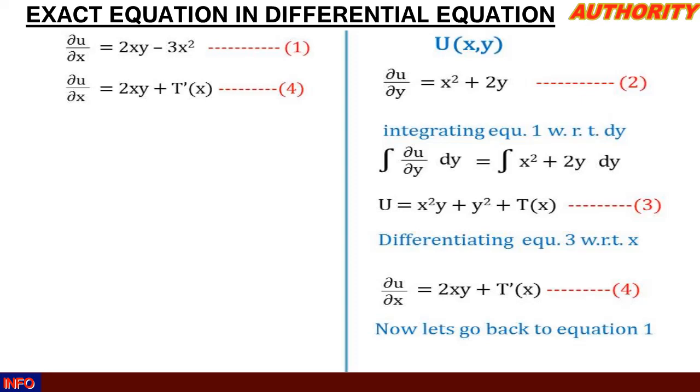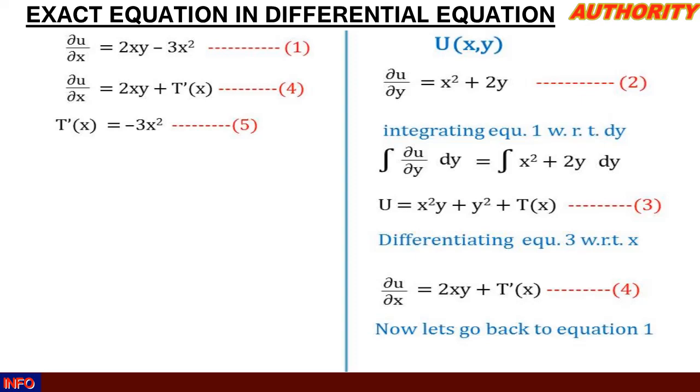Merely looking at these equations, we see that they are the same. So this implies that t prime of x is equal to minus 3x squared. Let's call this equation 5.